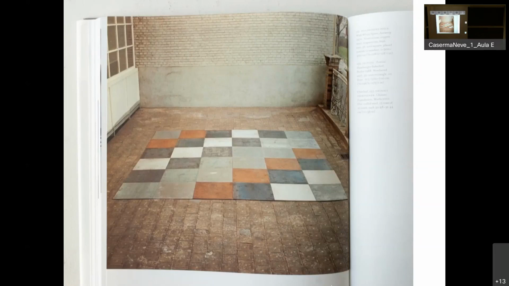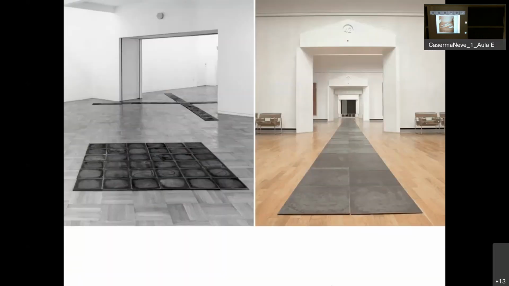Or sometimes, okay, there are many examples. In this case, maybe it's more expressing the plane, but of course there is always the idea of something that is superposed to something else, of different materials that are creating different space experiences. In this case, we have a square of copper slabs, and here a cross that is interpreting the space in a kind of incongruous way and changing the perception of the space completely, the directionality of the space completely.